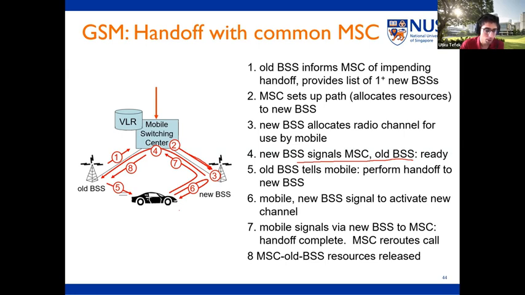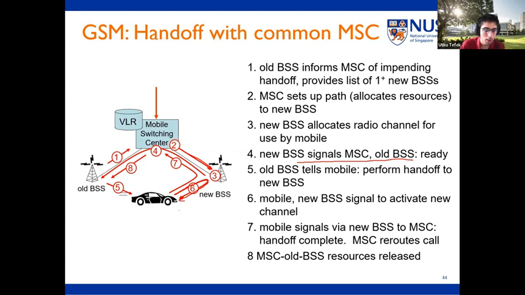And then in 5, the old station tells the mobile that it can now perform the handoff to the new base station. And then the mobile activates the channels with the new base station because it already has allocated resources here.